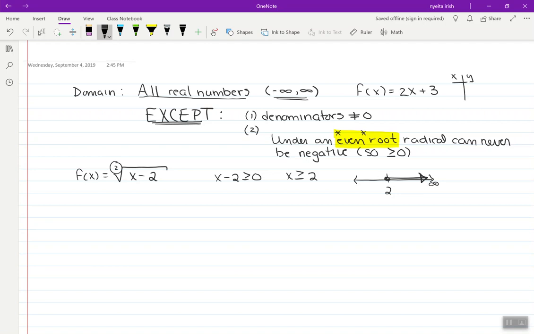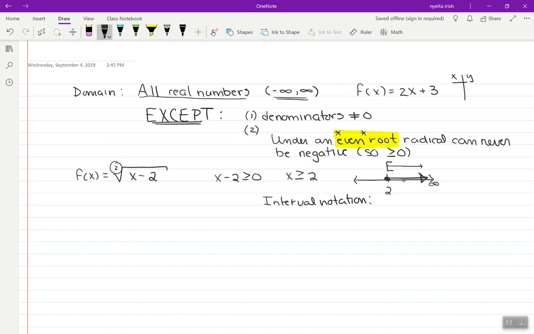But instead of using open dots and filled in dots, when I see a filled in dot, I'm going to think bracket out to infinity. The reason for that is when I write this in interval notation, I end up with something like this.